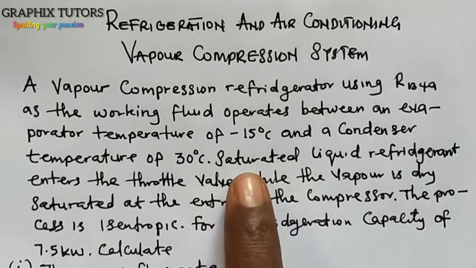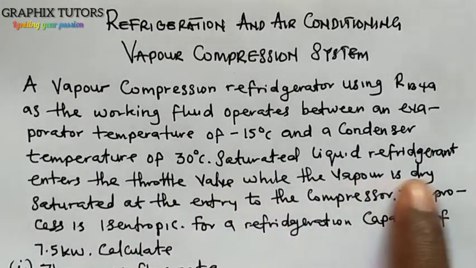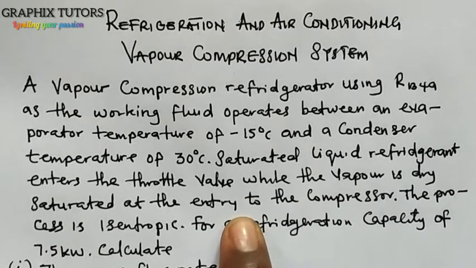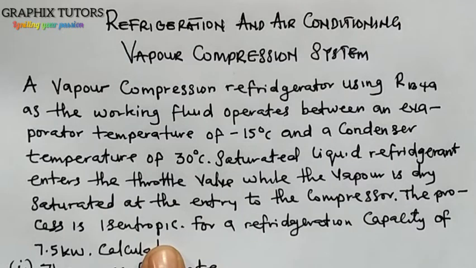Saturated liquid refrigerant enters the throttle valve while the vapor is dry saturated at the entry to the compressor. The process is isentropic.